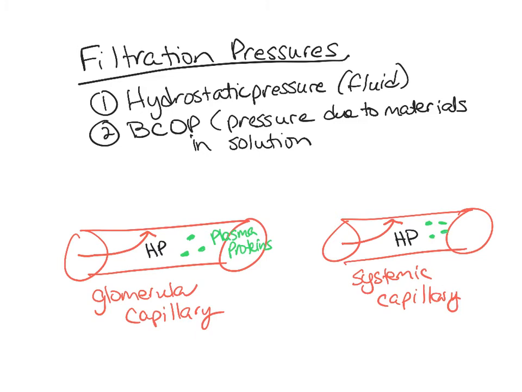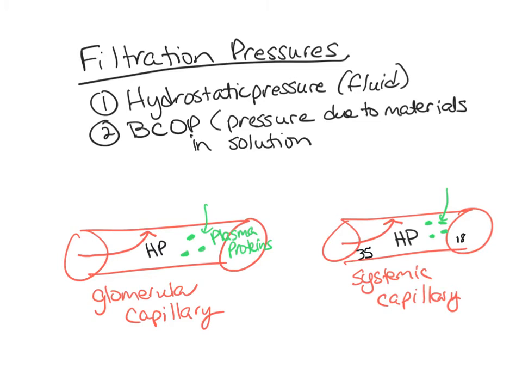What the plasma proteins do is they draw fluid back in, because water always wants to move towards the solutes. Blood pressure in the systemic capillaries is fairly low. If you remember, we said at the arterial end it's 35 millimeters of mercury, and as we get towards the venous end it ends up being 18 millimeters of mercury.